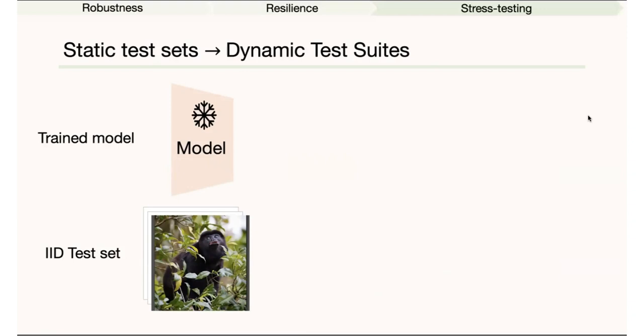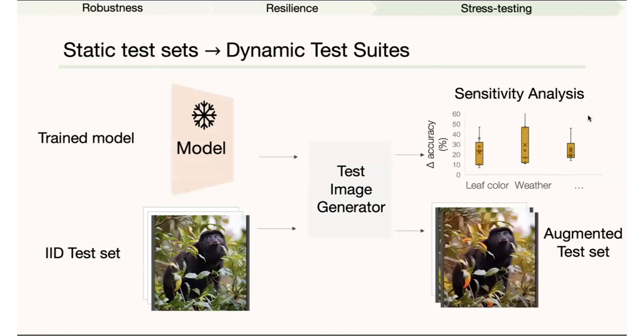What that means is, given a trained model and some IID test set, we want to have this test image generator that can give you an augmented test set of challenging examples and a sensitivity analysis of what this particular model is most sensitive to for a given class.